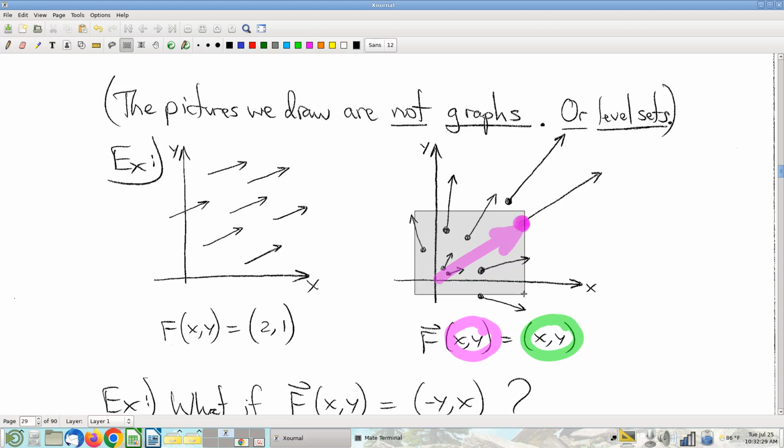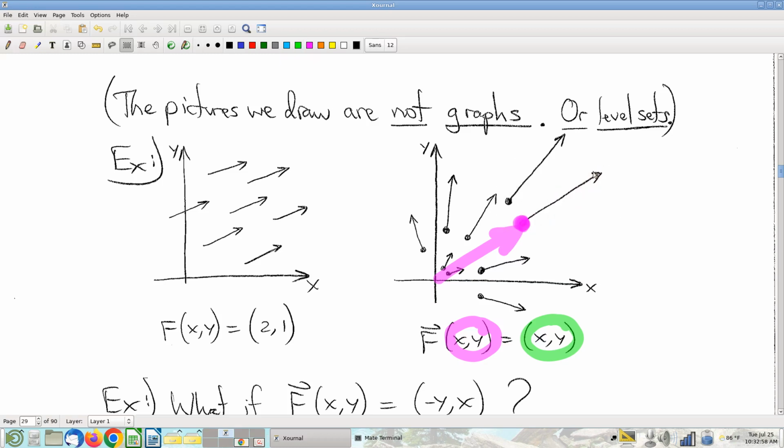Of course, we always have to draw it. Let's see, I hope this works. Oh, man. Let me try that again. There we go. The field vector is exactly the same as the position vector. It won't let me. Okay, oh well.